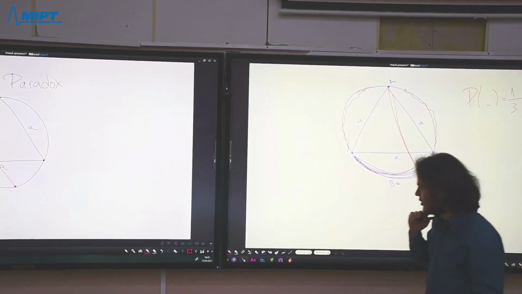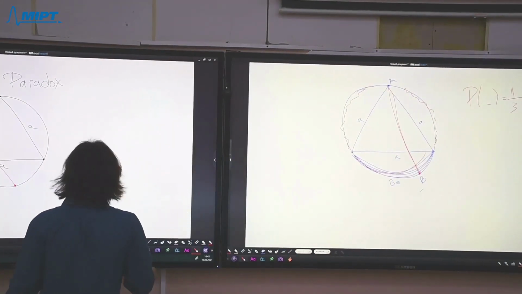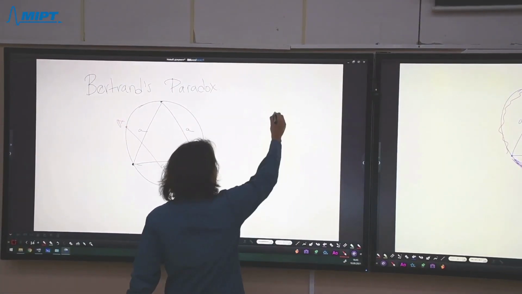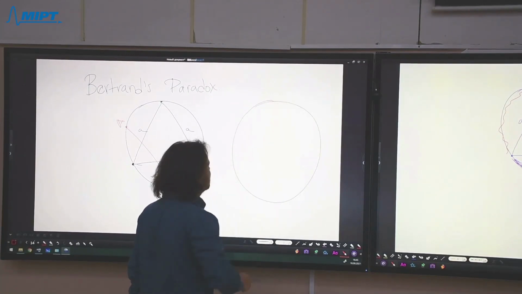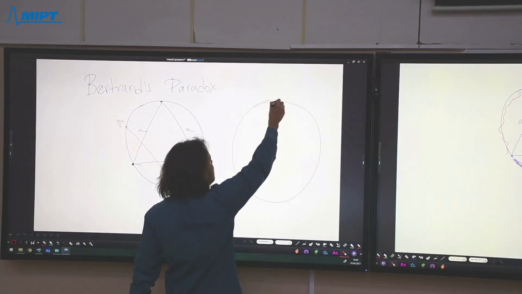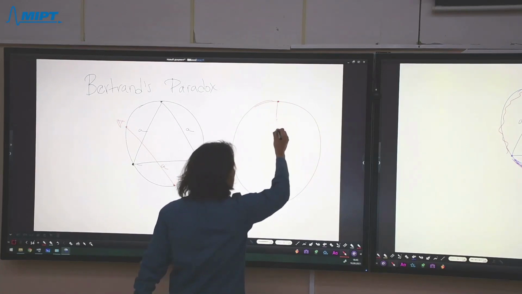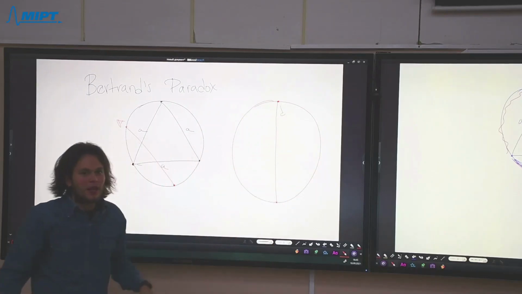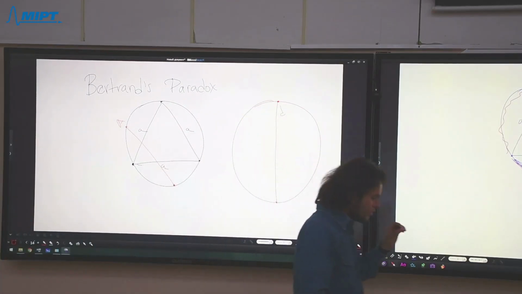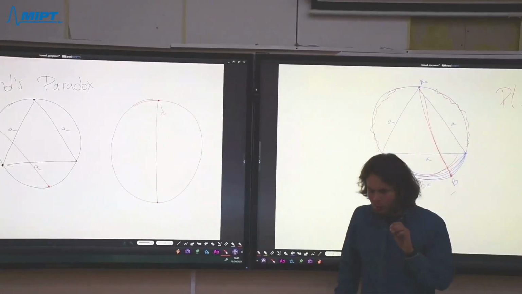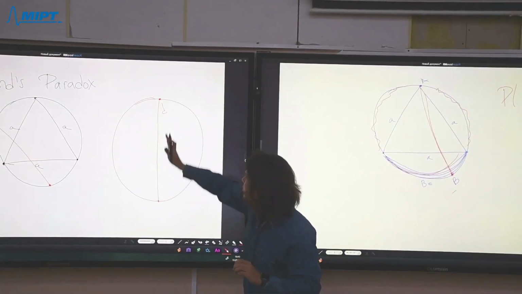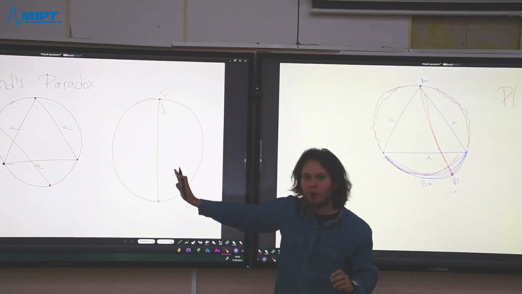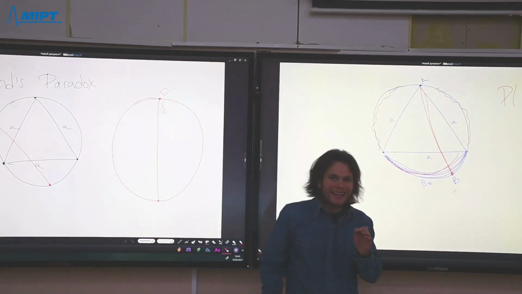Good. Now let's do it in a different way. Here we have the diameter D of the circle. Let's choose any point on D, randomly, and this point is going to be exactly the midpoint of the chord.